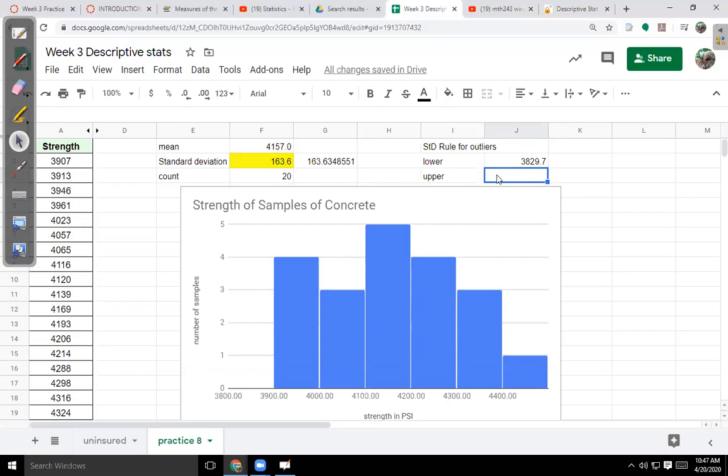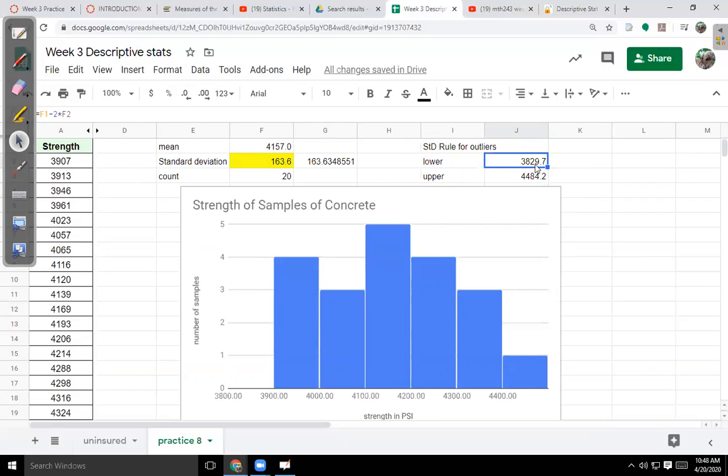And to get the upper value of usual equals the mean plus 2 times s there. So according to this, any numbers that are between 3,829.7 and 4,484.2 are normal compared to the rest of the group. Anything below or above this range is unusual.